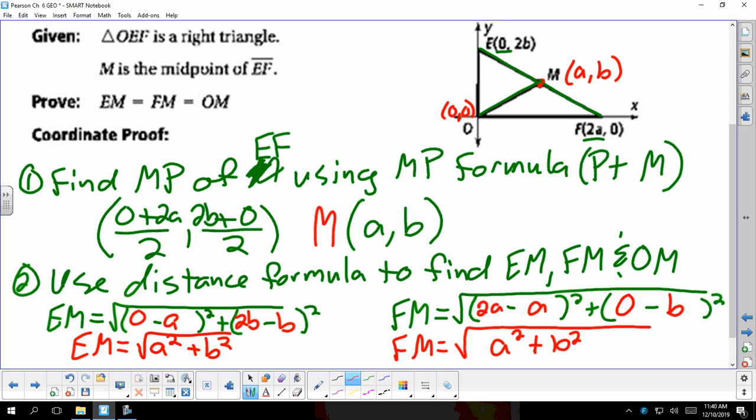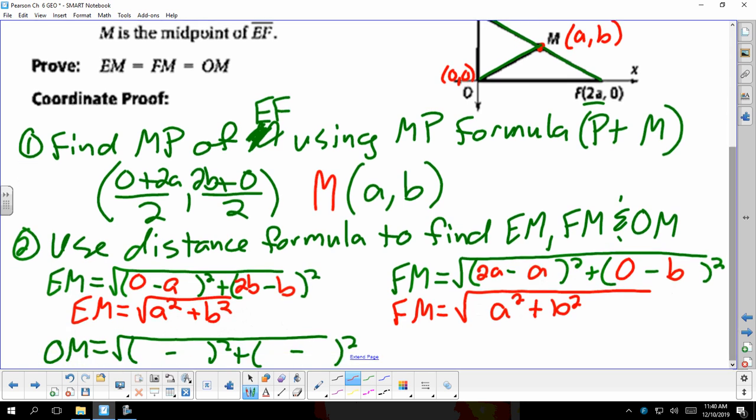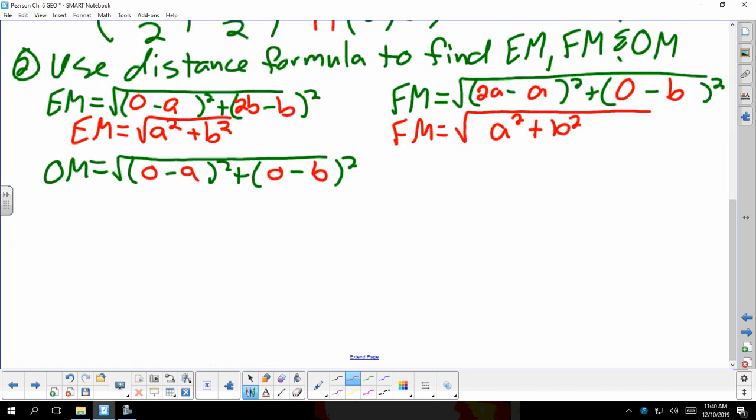Now let's check out OM. So OM, I'll put my O there, 0, 0, and then a and b there. So now I have negative a squared, which is just a squared, and negative b squared, which is just b squared.